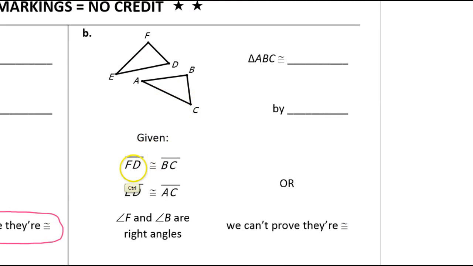FD is congruent to BC. ED is congruent to AC. Angle F and B are right angles. Interesting. So now we know that this is a right angle.